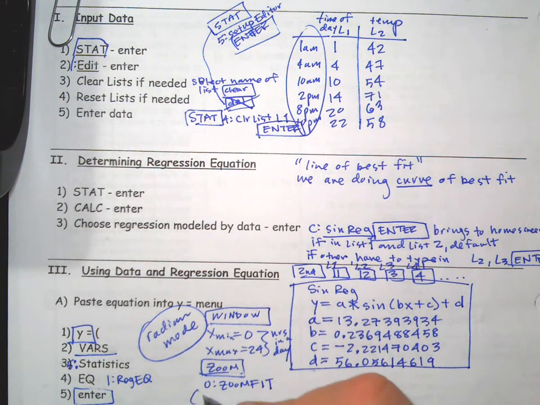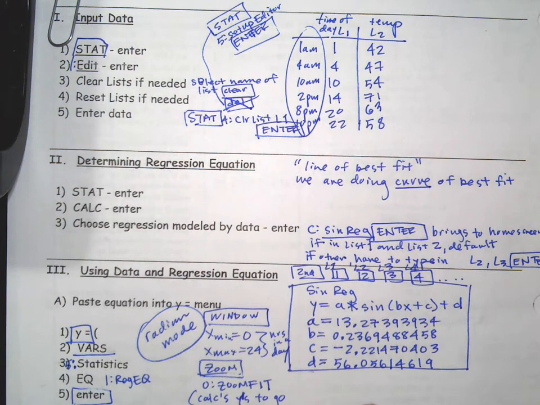What that does is it calculates the y's to go with your x's. So it depends on you putting in appropriate x's from your window. You've got to do that first. And then it adjusts the y min and y max to fit it perfectly. Anyways, it's cool.